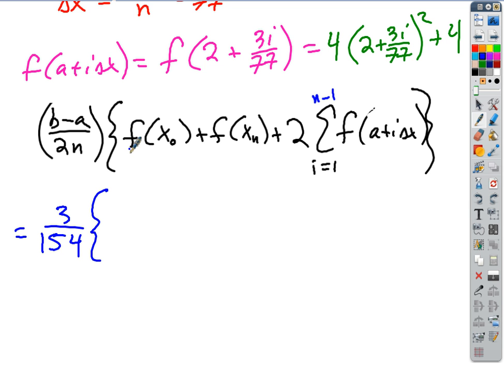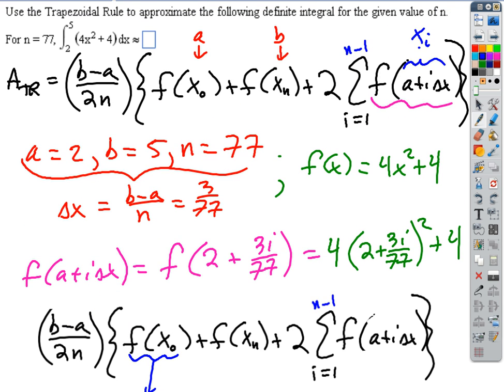So that whole thing becomes 20 plus f of 5. So 4 times 5 squared, that's 100, plus 4, 104.